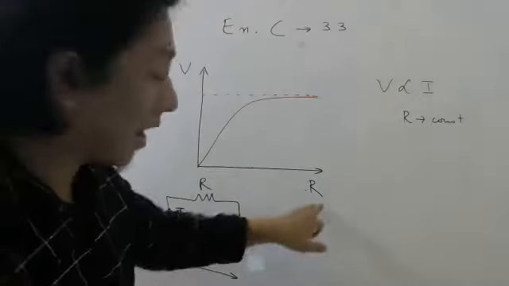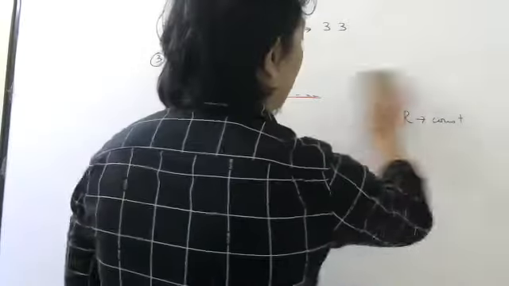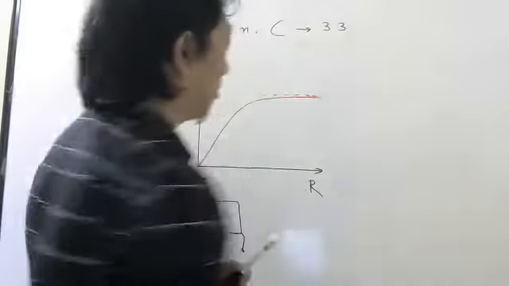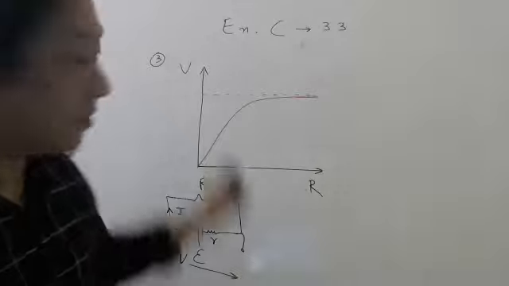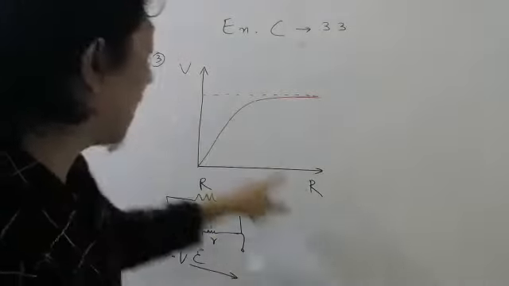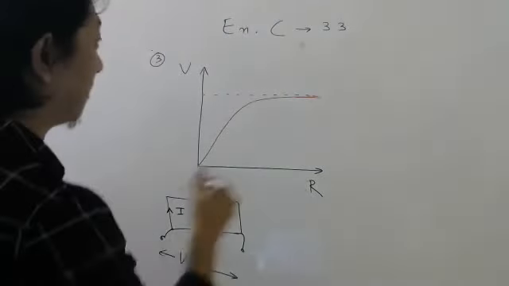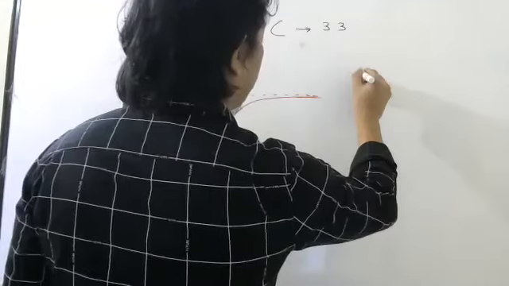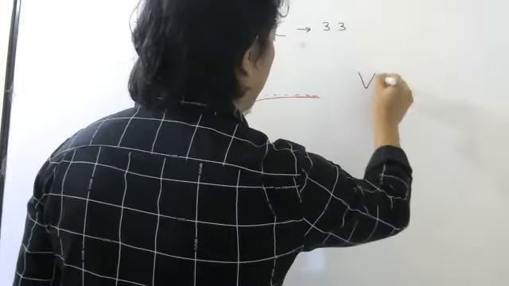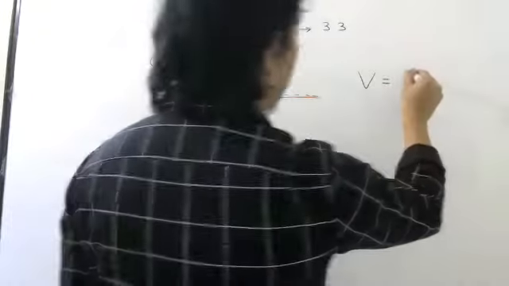The x-axis they are saying is R, so you cannot assume V is proportional to I. This is not a VI graph. This is a VR graph. So you have to find a relation between V and R. To find a graph, you need a formula. So let us find a relation. You know that this V is terminal voltage. What was the formula for terminal voltage?